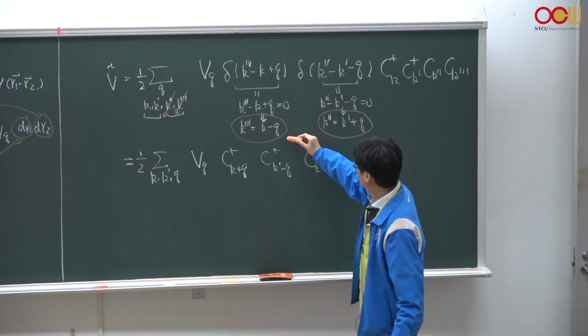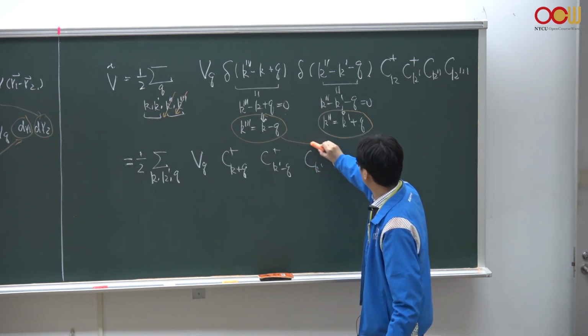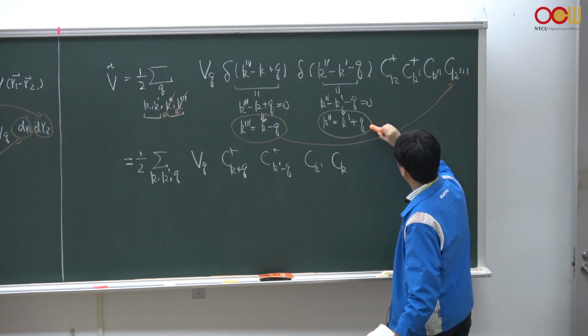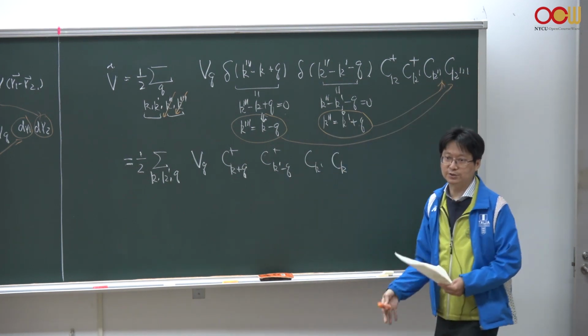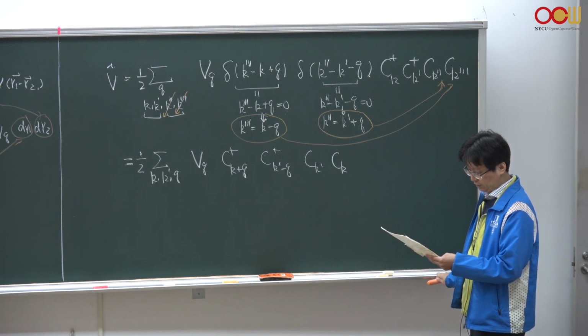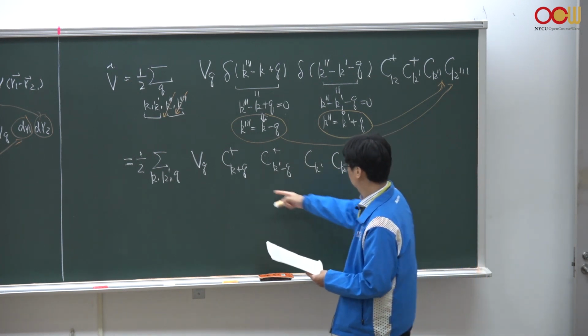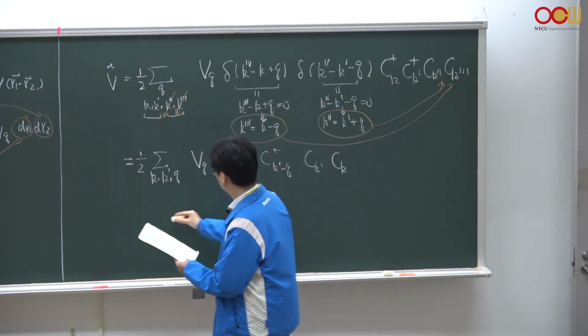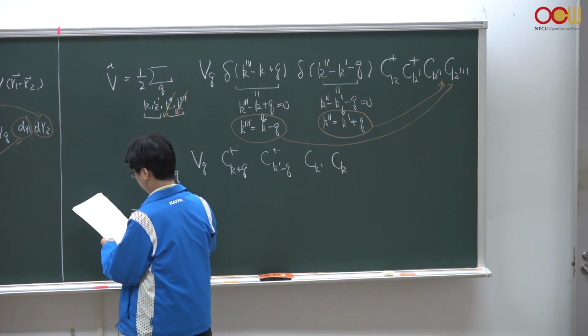It's either way. So you could plug in this K double prime, K triple prime here, but you could simply just relabel this K and Q so that this is this expression, but there's an equivalent expression.